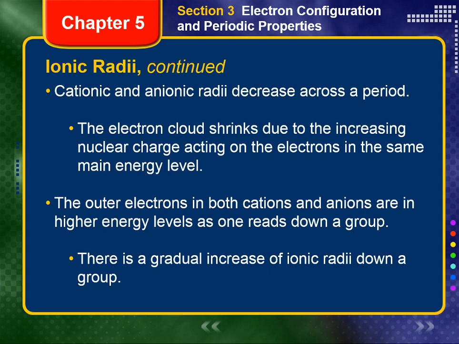Starting with group 15, in which atoms assume stable noble gas configuration by gaining 3 electrons, anions are more common than cations. Anionic radii decrease across a period for the elements in groups 15 through 18. The reasons for this trend are the same as the reasons for cationic radii decrease from left to right across a period.